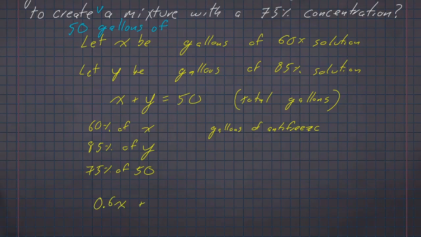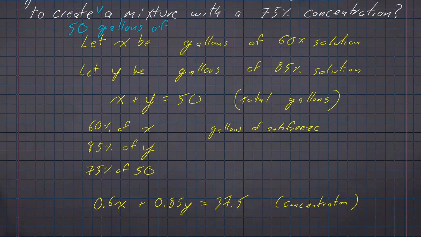I want to take 85% of Y, which is 0.85Y. I want to add them together, and I want to get 75% of 50, which is 0.75 times 50, or 37.5. Right, that's my concentration equation. That's how much actual antifreeze I am getting out of this process.